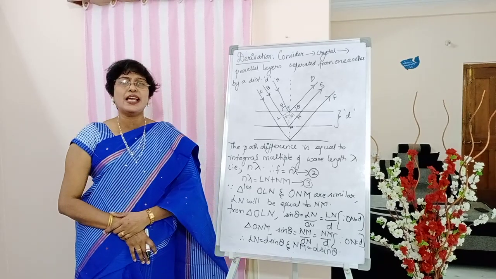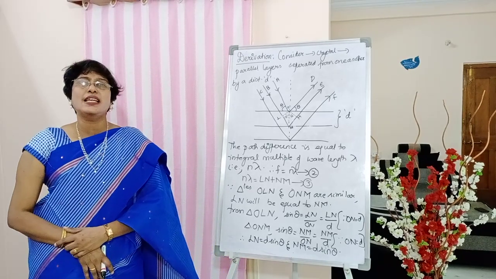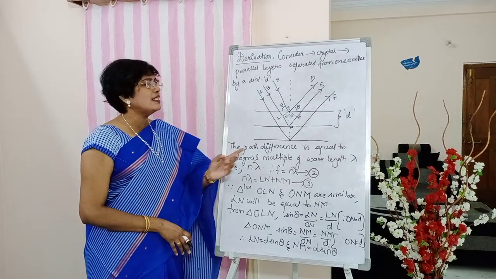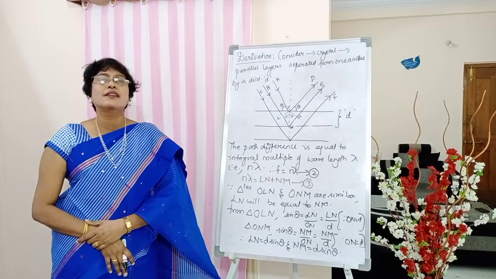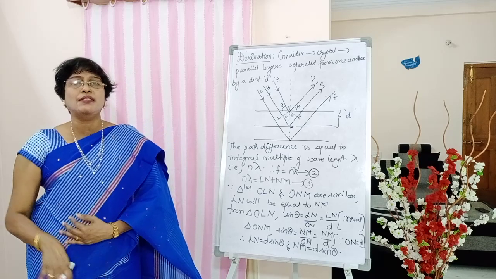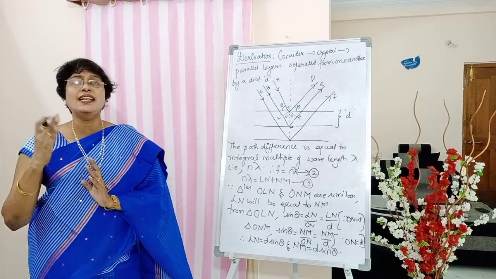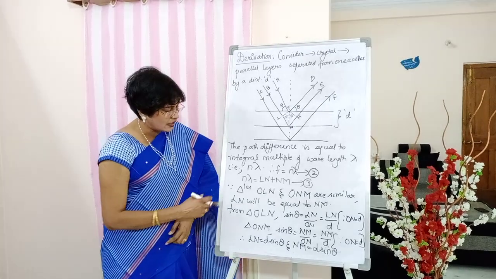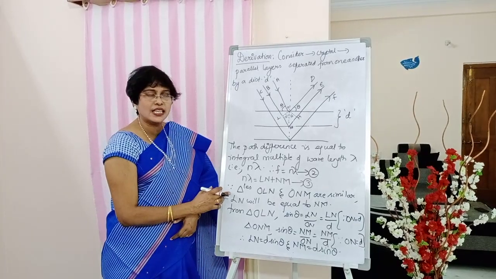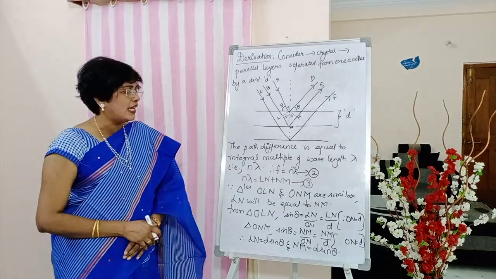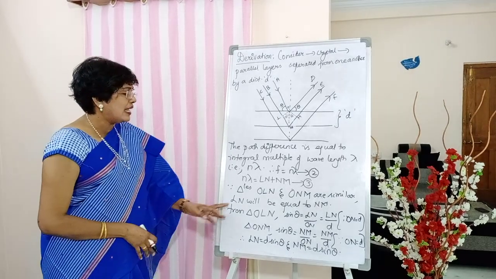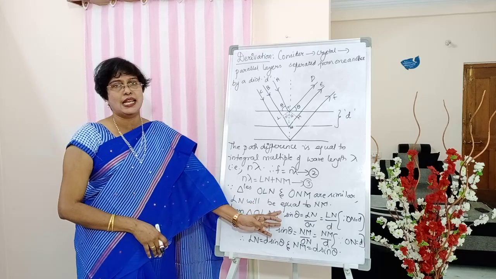Can you see the two triangles? These two triangles are similar and hence the distances LN and NM will be the same. So write down, since triangles OLN and ONM are similar, LN will be equal to NM.